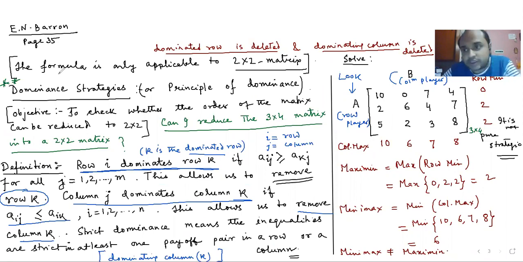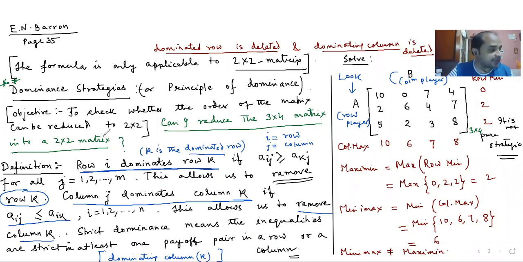So let us not start this particular problem right now because it will take some time, and I know that you may have lots of questions regarding dominated row and dominating column. This thing is a bit tricky, so I'm stopping right here. You just keep the definition.